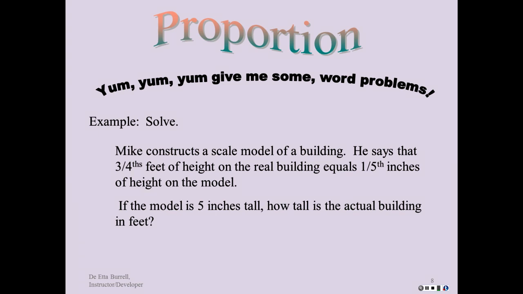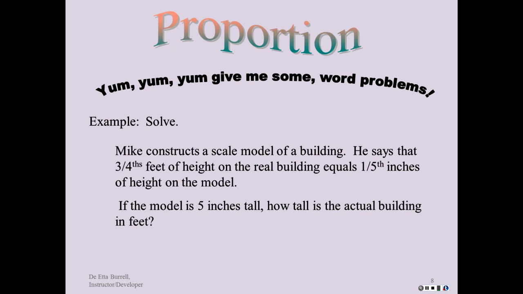So the building's ratio is 3/4 feet, and this is 1/5 inches for the model. Now the question says, if the model is 5 inches tall, the little model that's representing the actual building is 5 inches tall, how tall is the actual building? We don't know. It's an unknown.